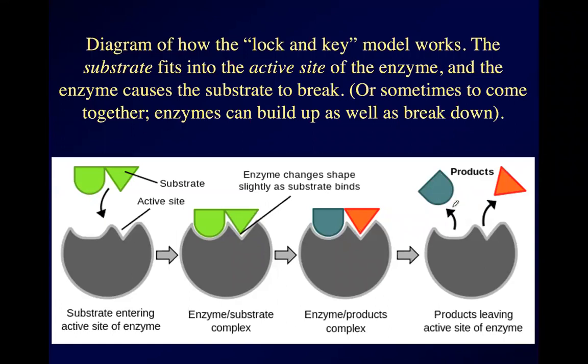So there at the very end, you can see those two separate products that have fallen out of the active site. And hey, now the enzyme is available for another molecule of the substrate to come in. So in this case, we have an enzyme that has broken down a substrate, but enzymes can also build substrates as well as break down. It depends on what enzyme you're talking about.